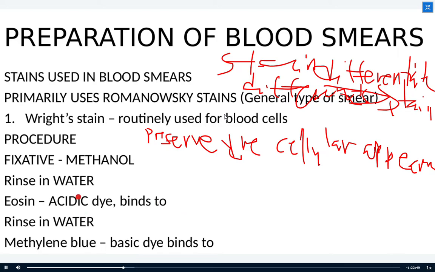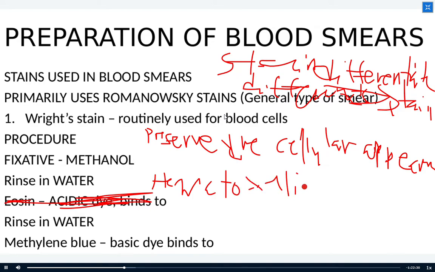Then you have to rinse it with water to remove the excess methanol. Then followed that, class, I apologize for this. This is a typo. You have to put it in your hematoxylin. Wait nga lang.